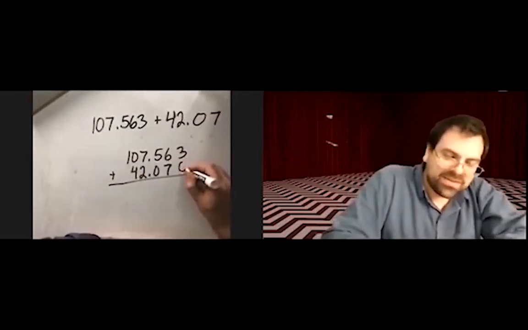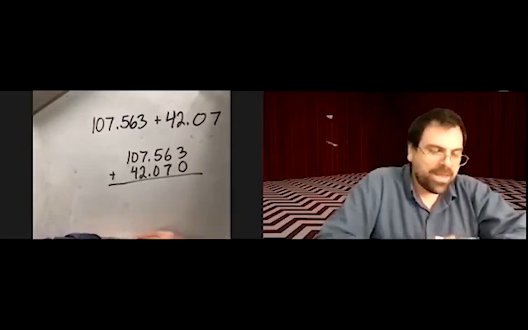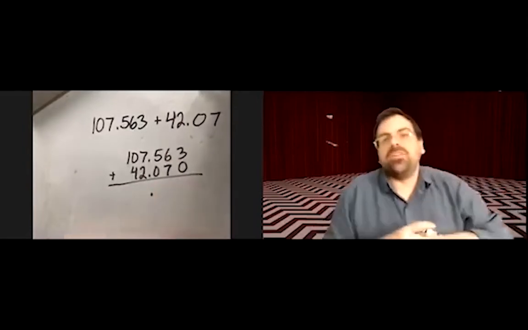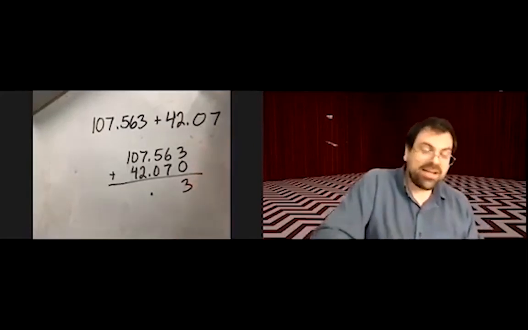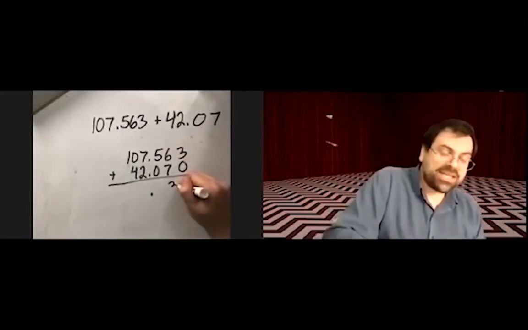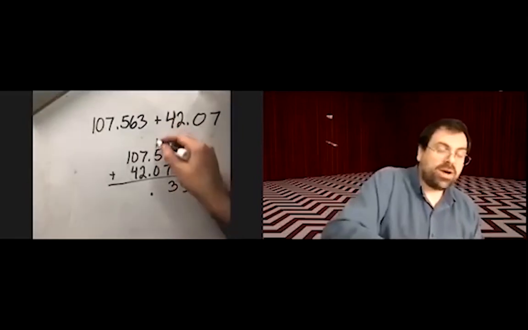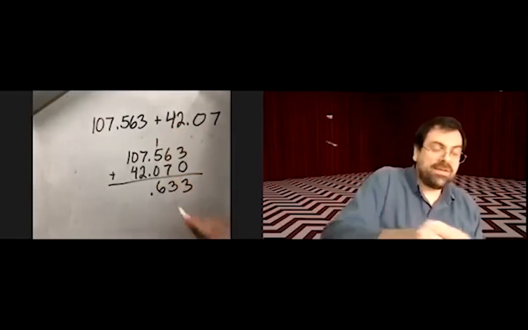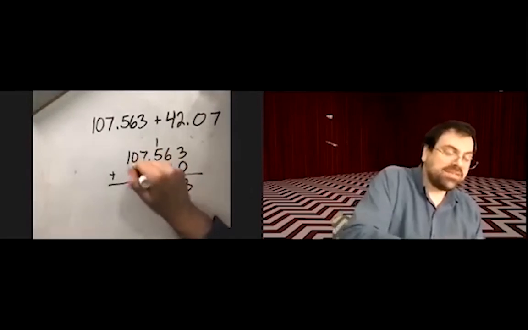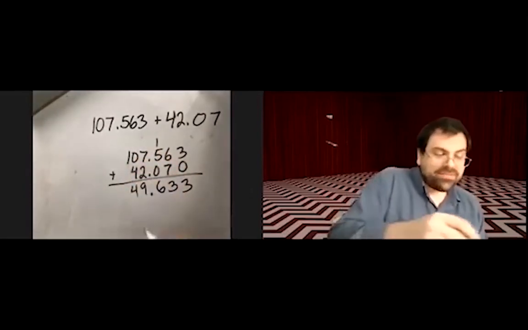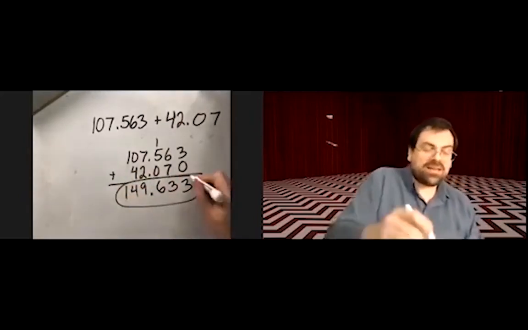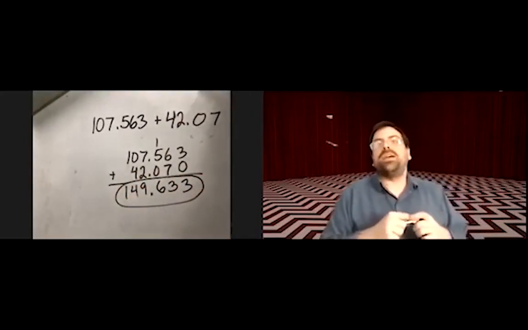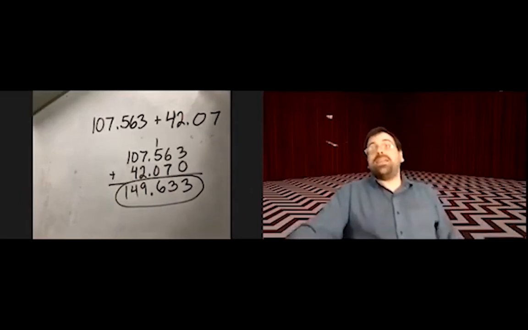We can fill in a 0 there. And when we do our adding like normal, we'll have carrying. 3 plus 0 is 3. 6 plus 7 is 13. Carry the 1. 1 plus 5 is 6. 7 plus 2 is 9. 0 plus 4 is 4. 1 plus nothing is 1. 149.633. I can't really make that more interesting, it turns out.